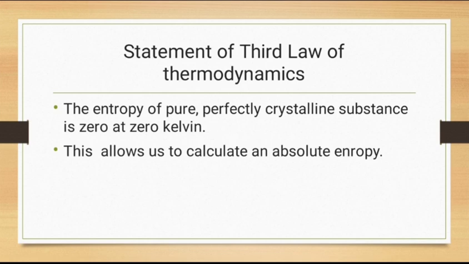So, we cannot attain exactly 0 Kelvin temperature. It is impossible by any method, no matter how idealized, to reduce the temperature of any system to absolute zero in a finite number of operations. And the third law of thermodynamics allows us to calculate an absolute entropy. So, this is our statement.